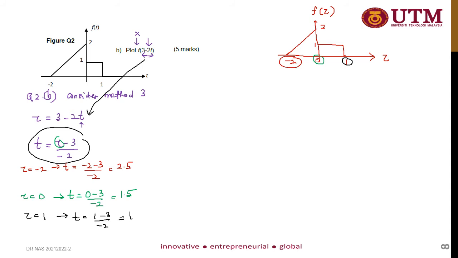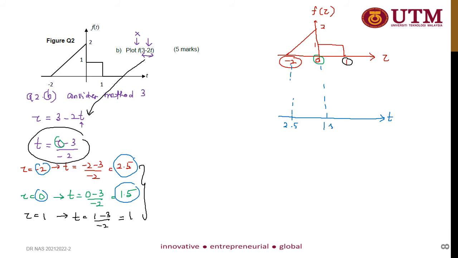Now let's apply all these tau values into the graph. Copying the same axis, now it becomes the new t axis. Check with tau: when tau equal to -2, the new t is 2.5. When tau equal to 0, the new t is 1.5.